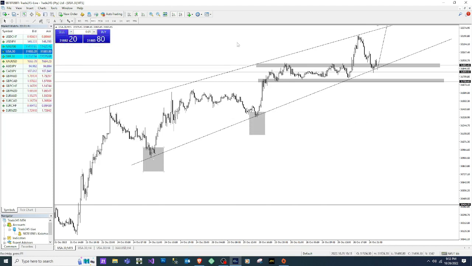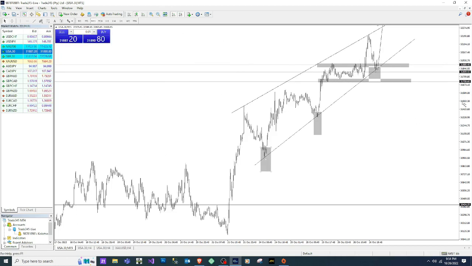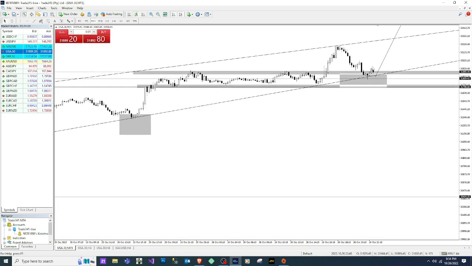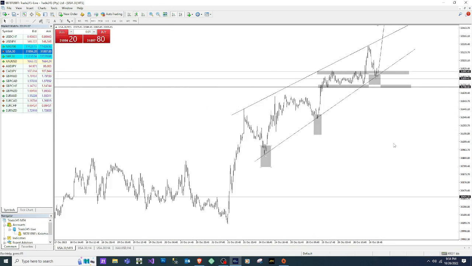But on the third touch, guys, the third touch is always the charm, the one that I like. It basically gave us a third touch here, and it also gave us a nice reversal. But if we were not there, then you didn't take the trade. But I saw we're going to see another touch there. On this touch, you can see it's also giving us another entry.